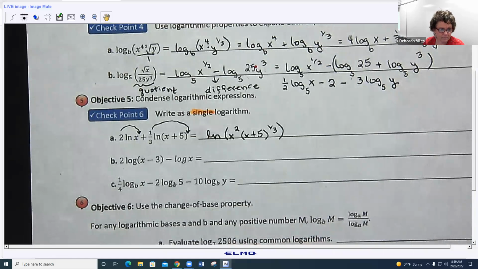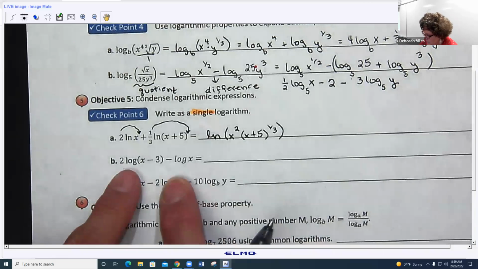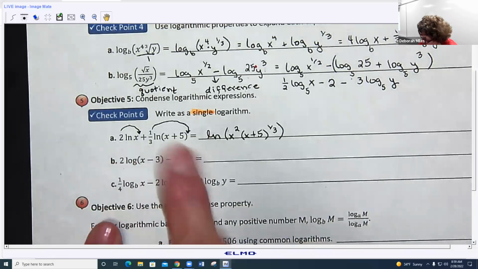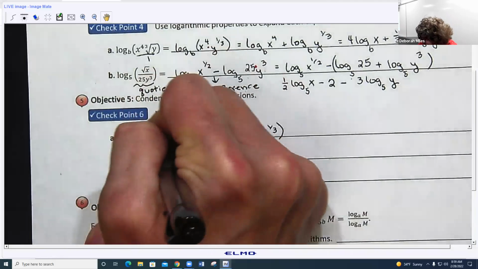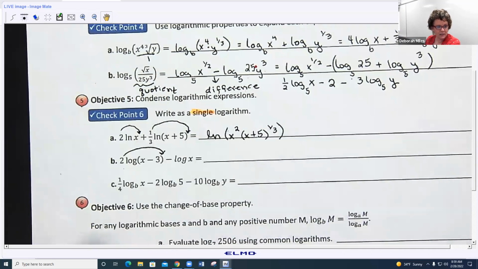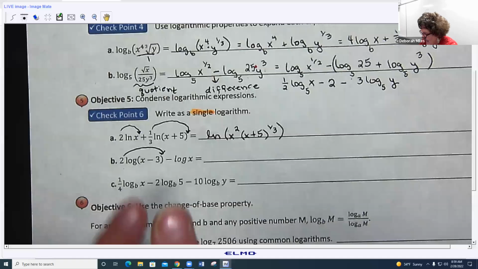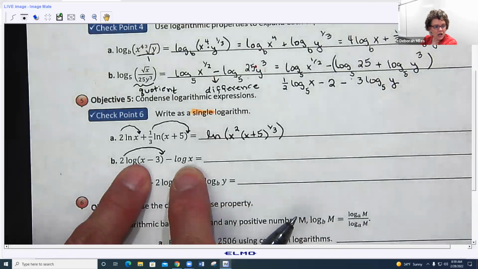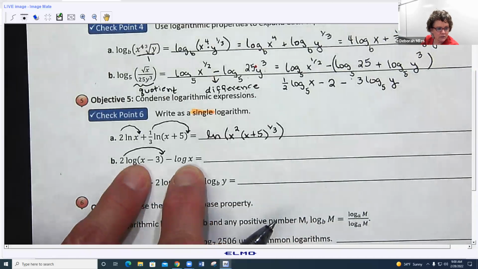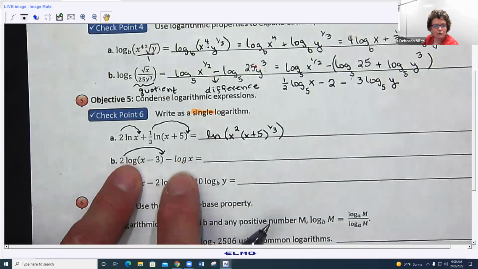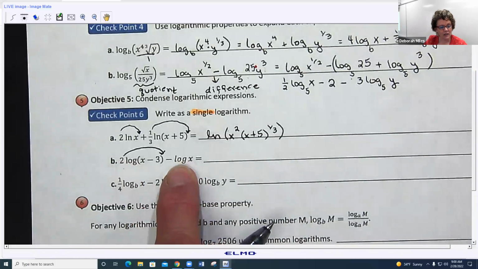All right, the B part, I'm seeing that the 2 can go back as the exponent of the x minus 3. And then I'll have the difference of 2 logs. Do I put the difference of 2 logs back as a product, a quotient, or something else? A quotient.